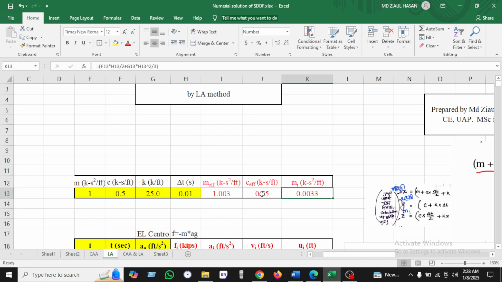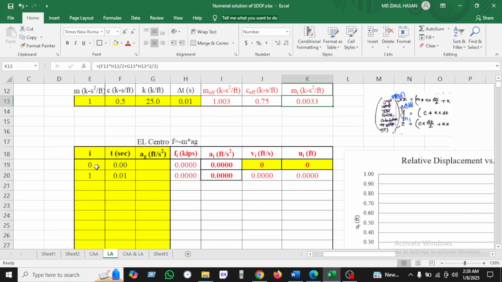Okay, so if we calculate this one, now we will calculate the I1, 2, 3, 4, 5 as it is. If you want to get more and more, this is your choice, but it is not needed.